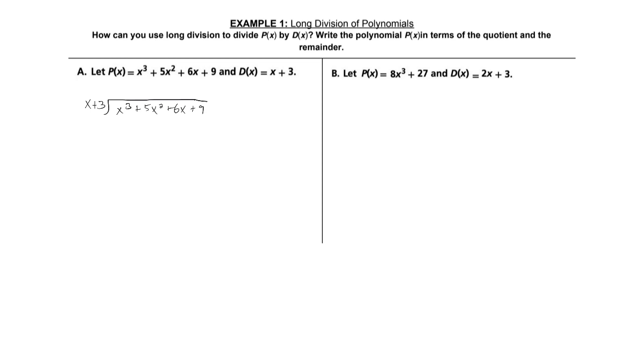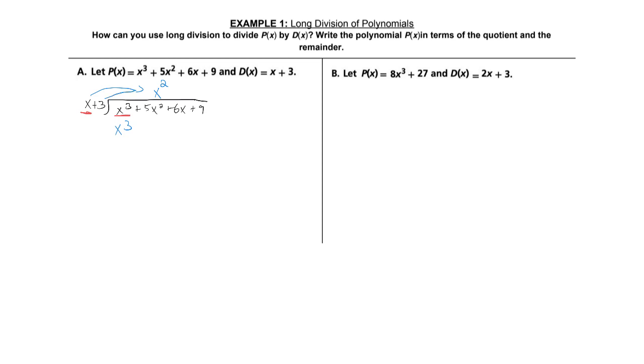So our objective is to first look at the first term and see what we can multiply the first term by to get to x cubed. What times x gives us x cubed? Well, x squared. So I'm going to put an x squared up here, to line it with the other x squared. And now x times x squared gives us x cubed.